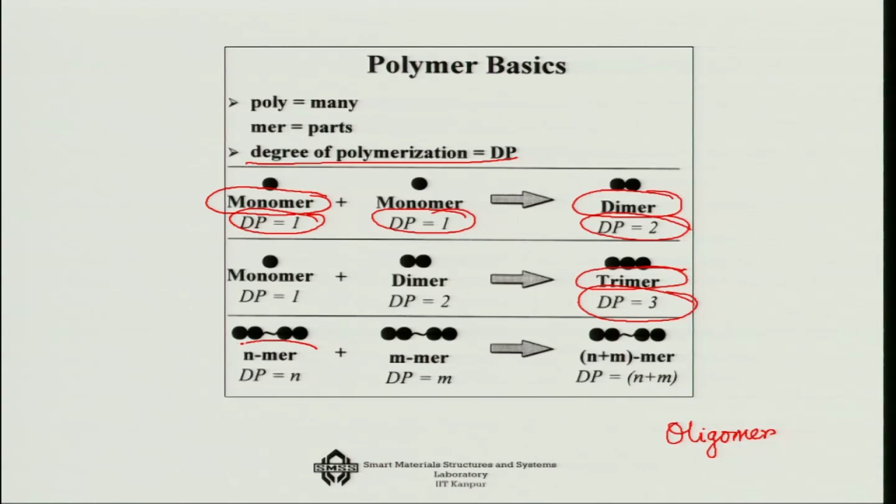So specifically keeping carbon in mind, in the polymer our definition is something like an n-mer, with a degree of polymerization of n, and an m-mer. Two such polymers, when they add together, concatenate, then you get an (n plus m)-mer with a degree of polymerization of n plus m. So that is the kind of very big scale polymer that we are talking about.